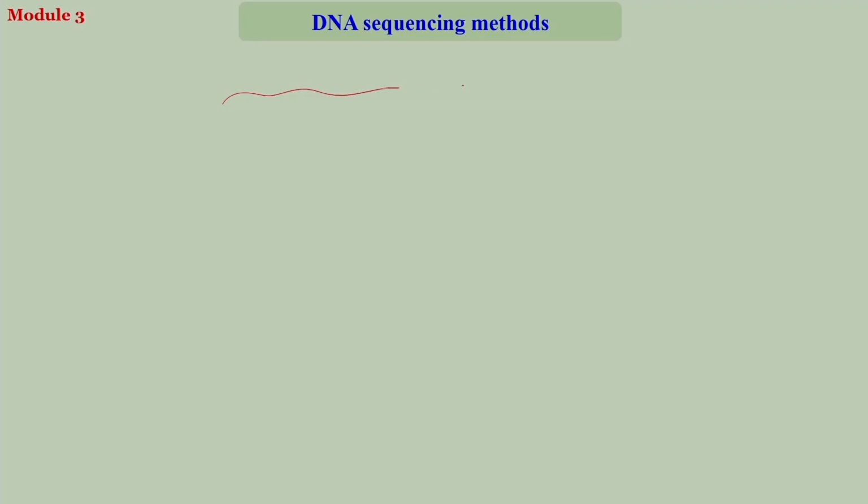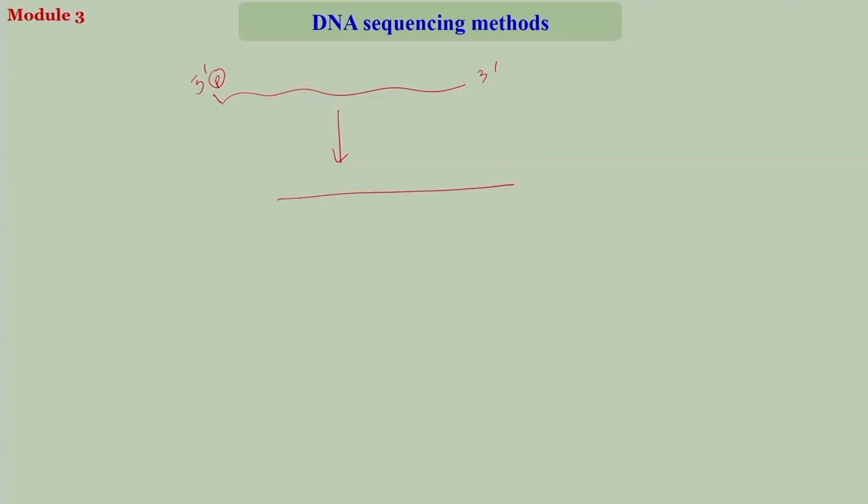So, if you have the single stranded DNA, 5 prime to 3 prime, and this is phosphate, and we have used a certain ingredient which we call the dideoxy DDNTP. The idea is to stop the construction of the complementary strand at every base pair.